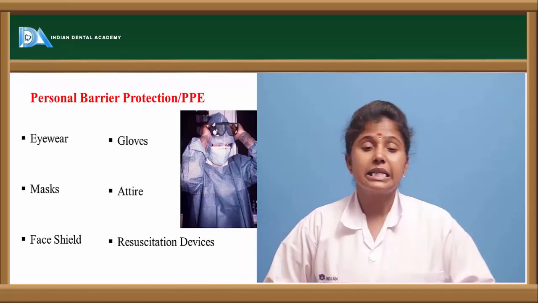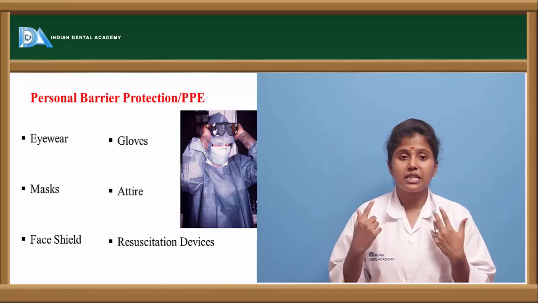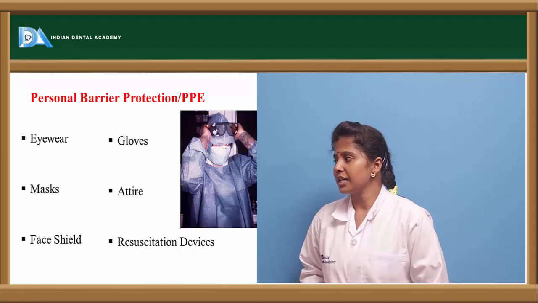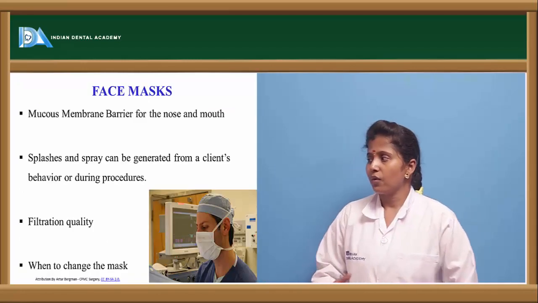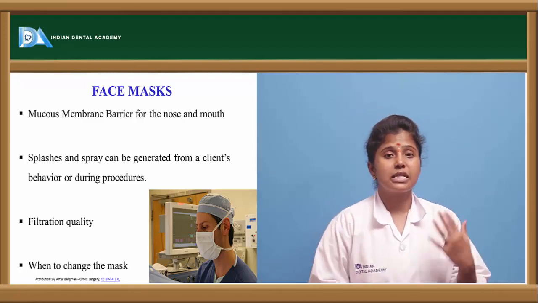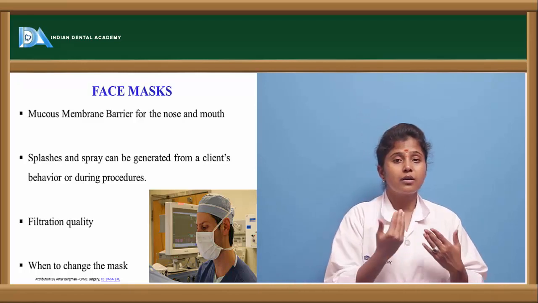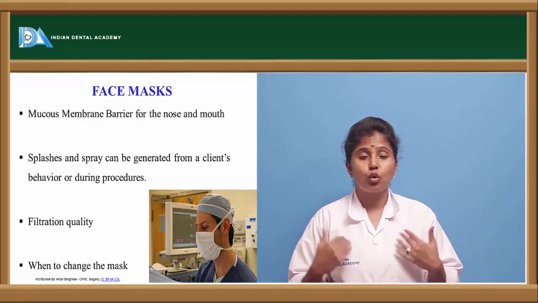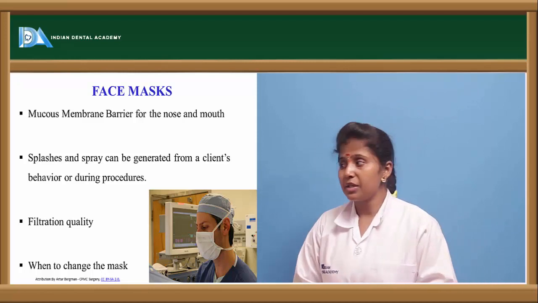The other thing is the personal barrier. What personal barriers do we have to take care of? First is eyewear, mask, face shield, gloves, attire and resuscitation devices. Face mask: the face is one of the sensitive areas, more prone to infection, because our nose contains mucous membrane, and if we breathe air through the mouth, it also contains mucous membrane where infection can spread easily.